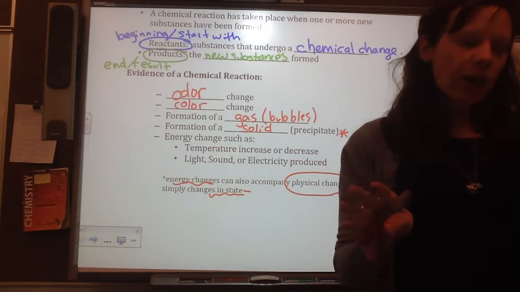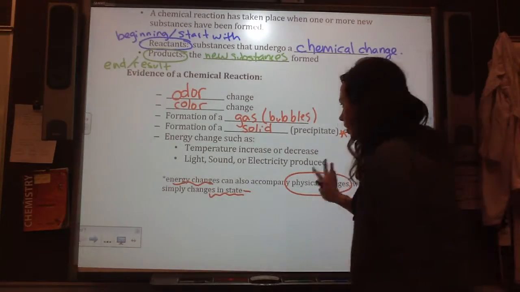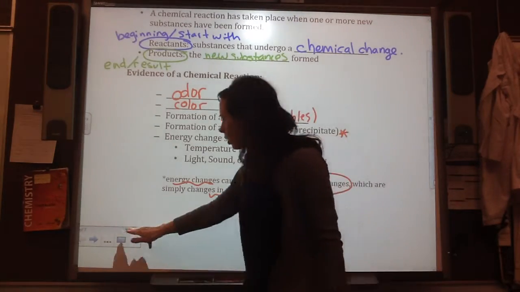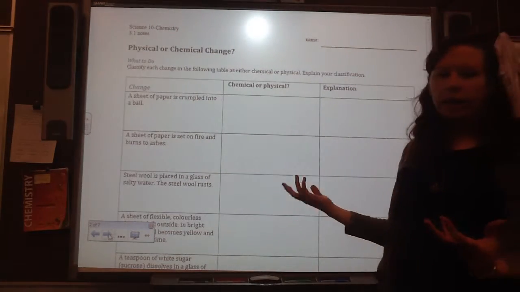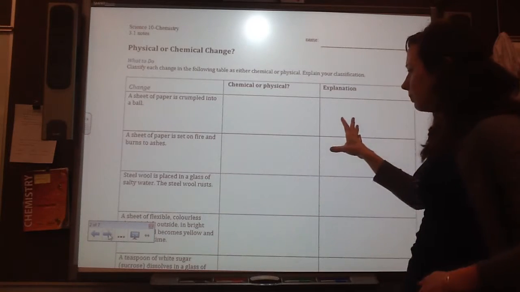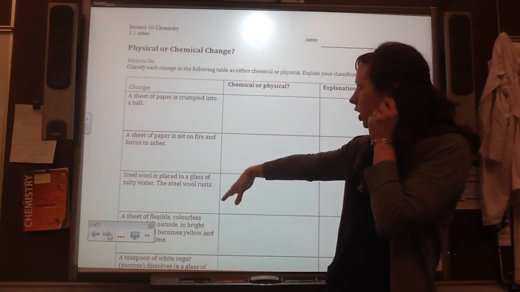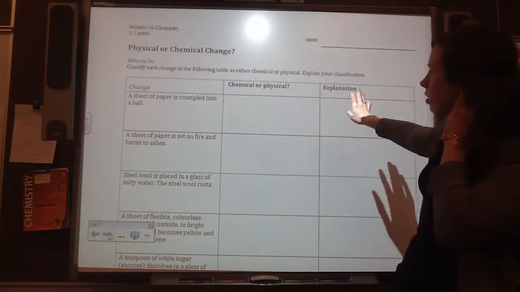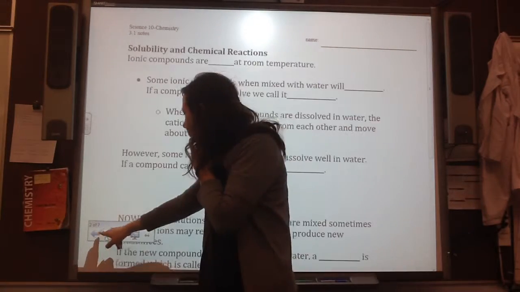Physical changes can have energy changes, but they're not chemical. So now you can do these questions, looking at the change and seeing if it's chemical or physical, and then explaining why. You can do that after the lesson.